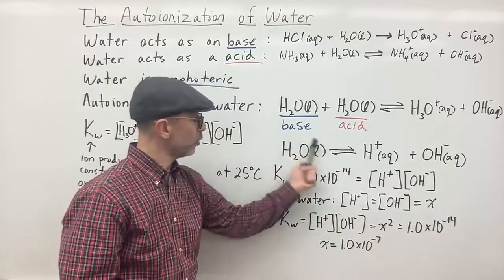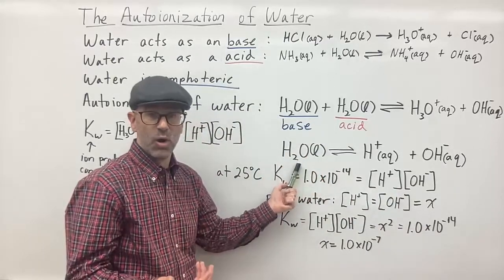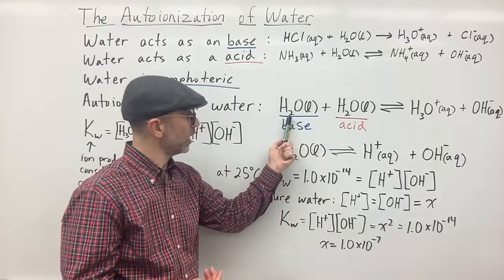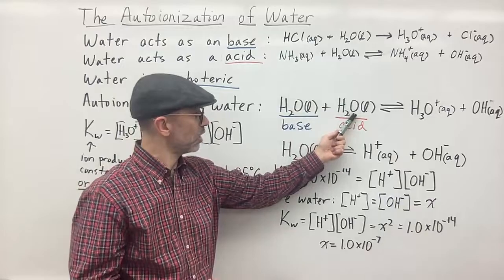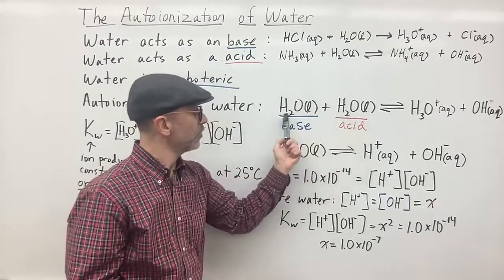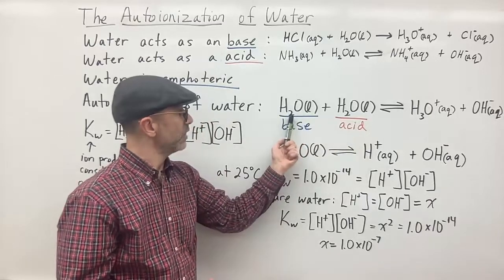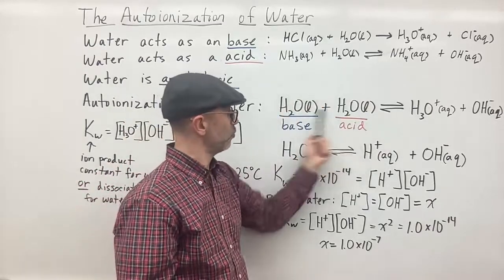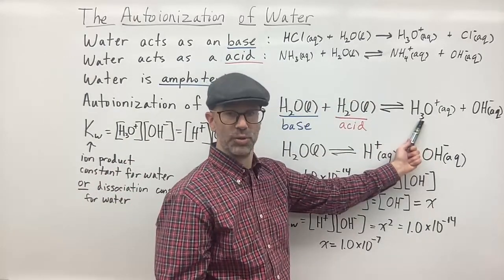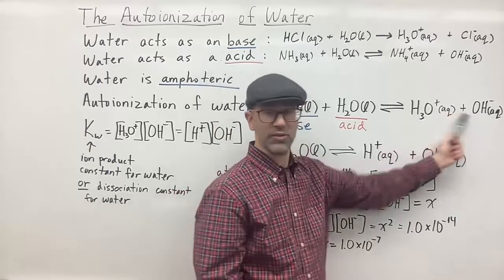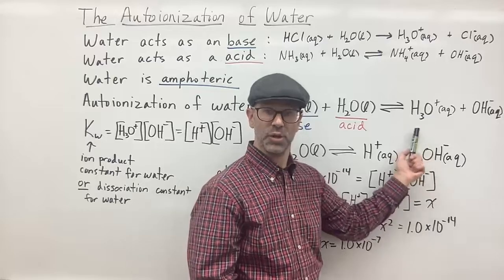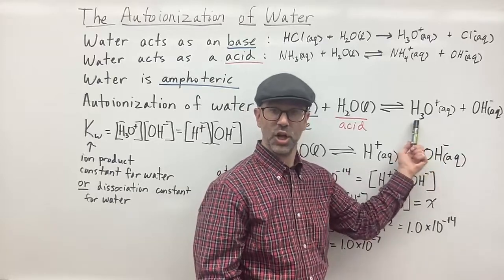Since water is the only thing involved, if we have pure water, then when one water molecule donates a hydrogen to another water molecule, so this one's donating to this one, right? Then for every 2 water molecules, we always produce 1 H3O plus, the hydronium ion, and 1 hydroxide ion. So we're always going to have equal amounts of both of these because they're produced in a 1-to-1 ratio.